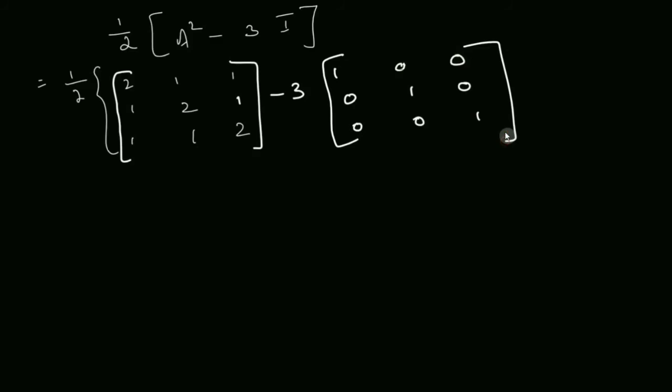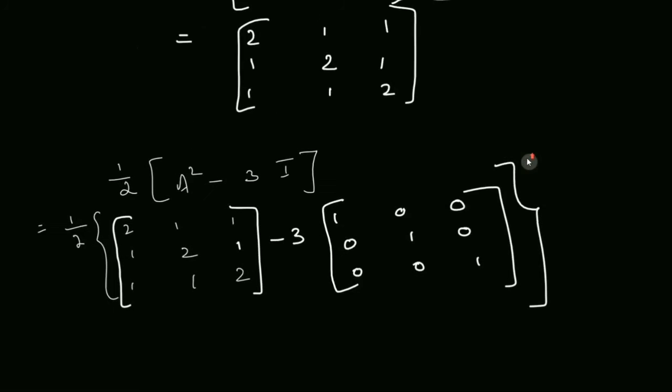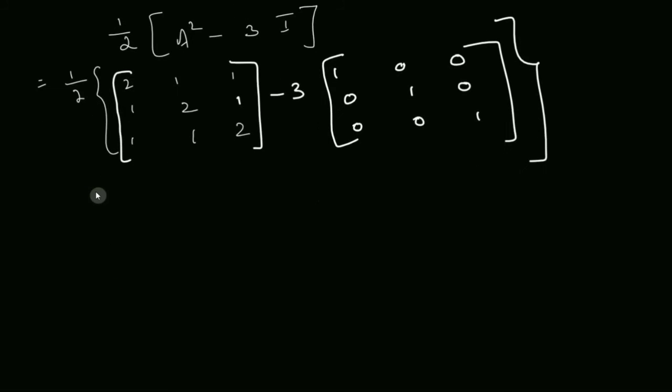So that is your identity matrix. Now A square minus 3I, A square is 2, 1, 1, 1, 2, 1, 1, 1, 2. So let us subtract now. That is equal to half into, just subtract 2 minus 3, so it becomes minus 1.